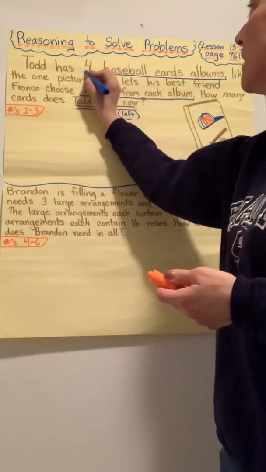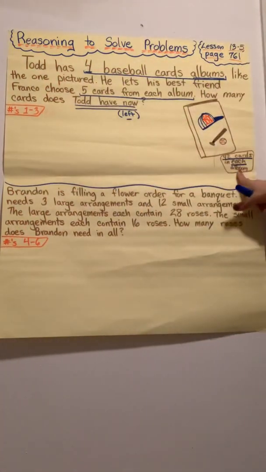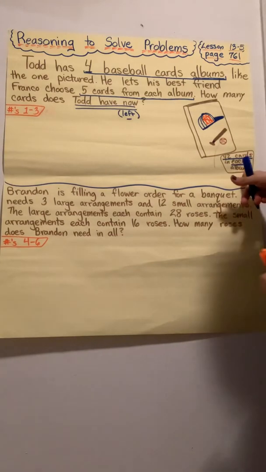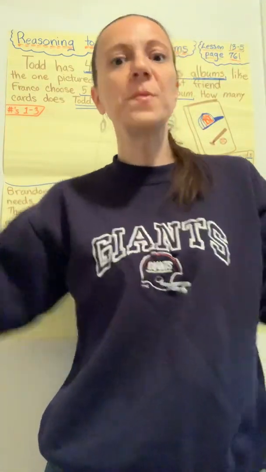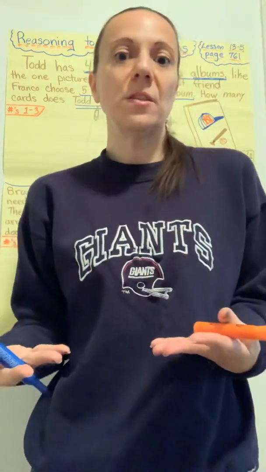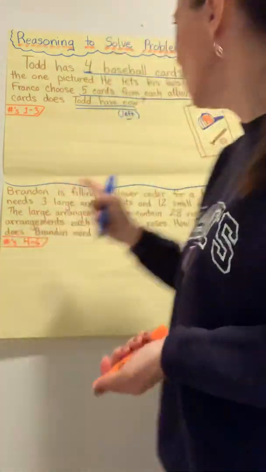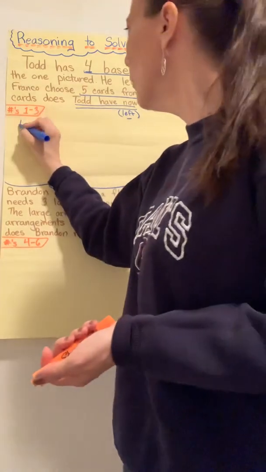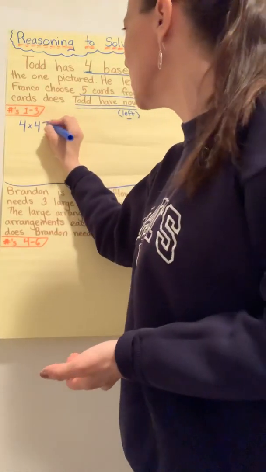I know that he has 4 albums, and each album has the same amount. So that sounds to me a lot like multiplication. An album is a group. There are equal groups. I want to put it all together to find out his total. So it seems like the first part of the problem, which is question 1 in your book, would be 4 times 42.